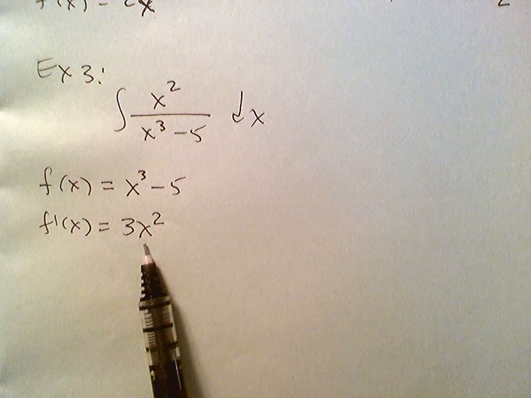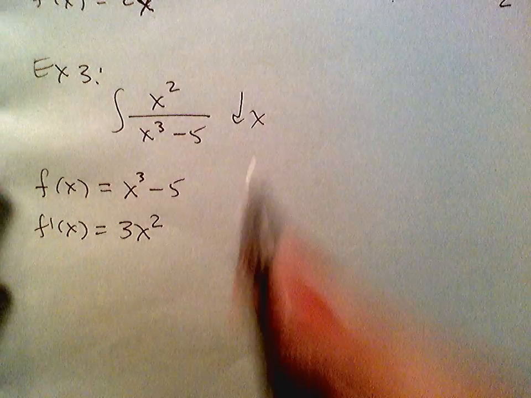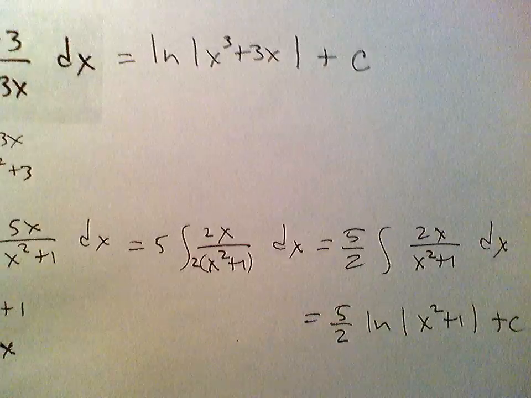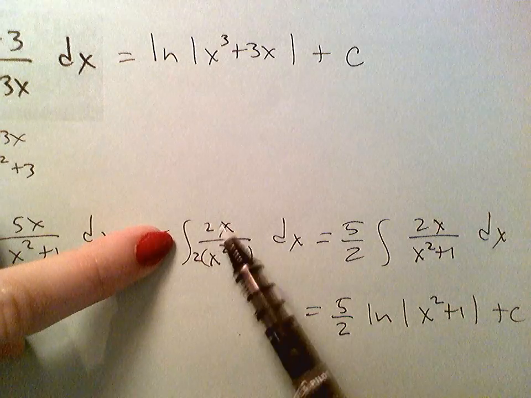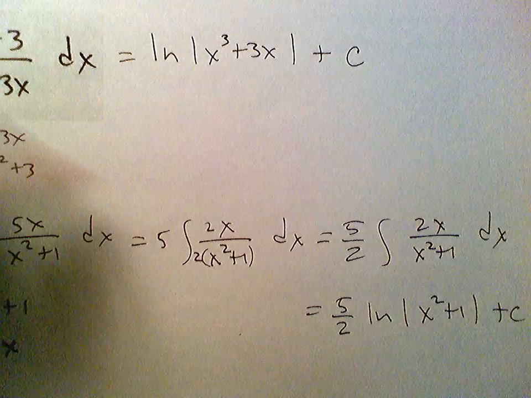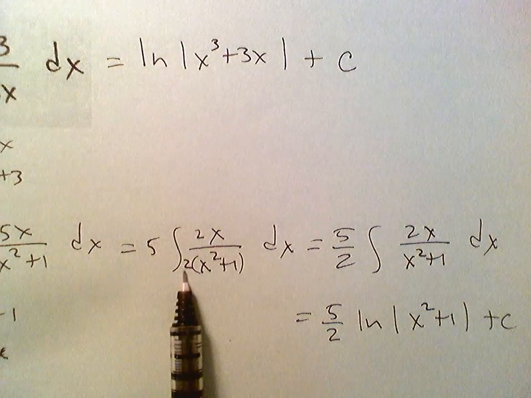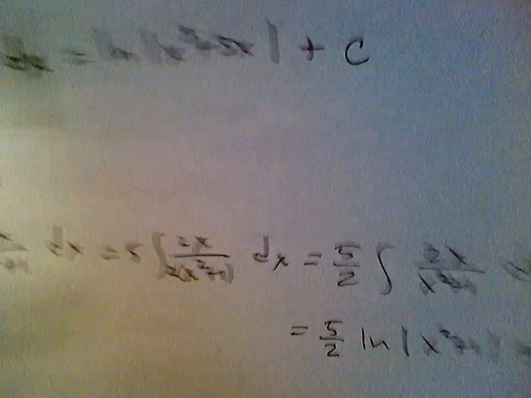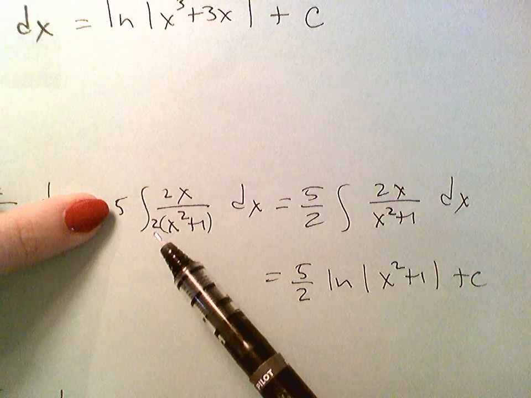So I could use the same sort of trick, ignore that 5. I can do this trick here, and then just bring the denominator out in front. But let me show you a little bit faster way to do it than what I did here. So I'm going to do it in 1 step instead of in 2 steps.